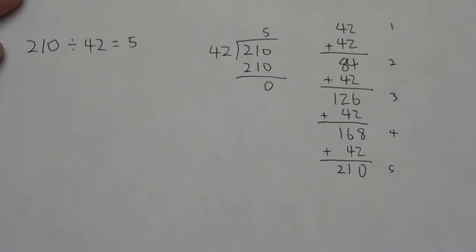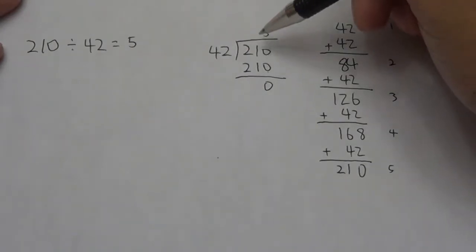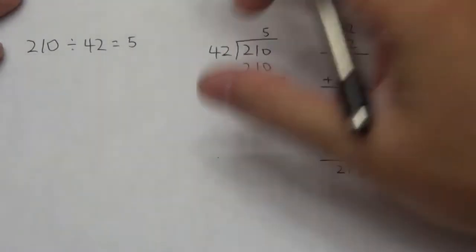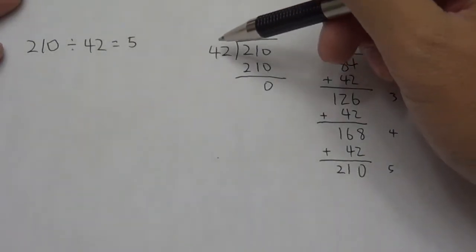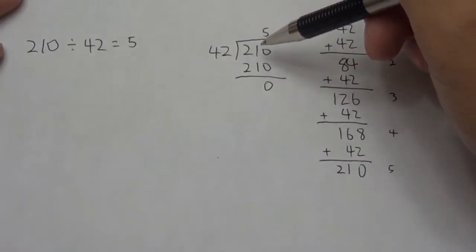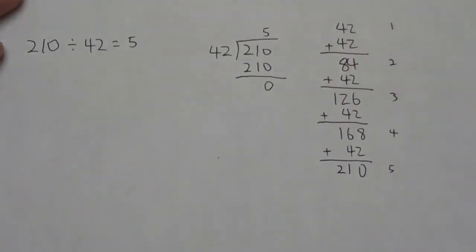All right, so try to imagine a blank problem again. All right, trying to figure out what times 42 equals 210. Now a little bit of guessing is going to be involved, or you can use estimation skills to get to a closer number.